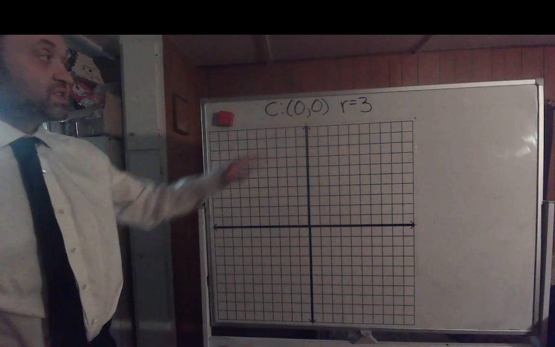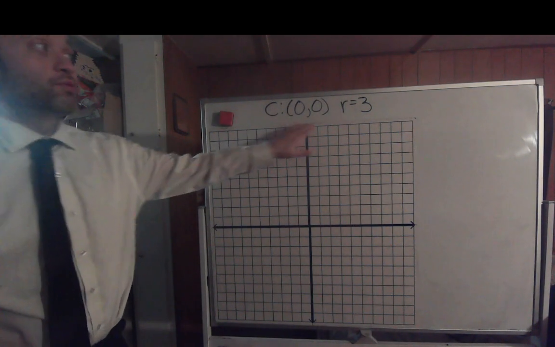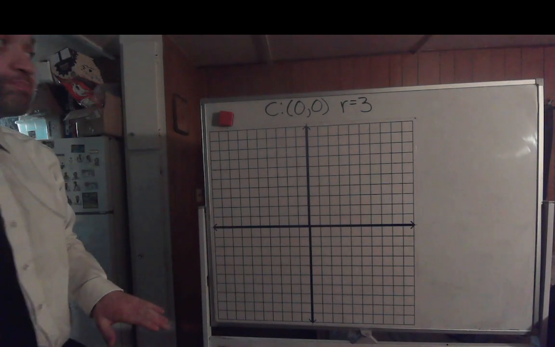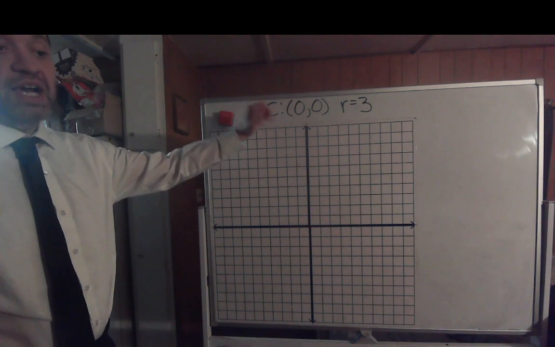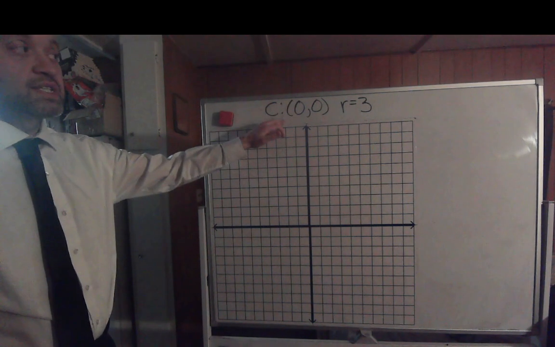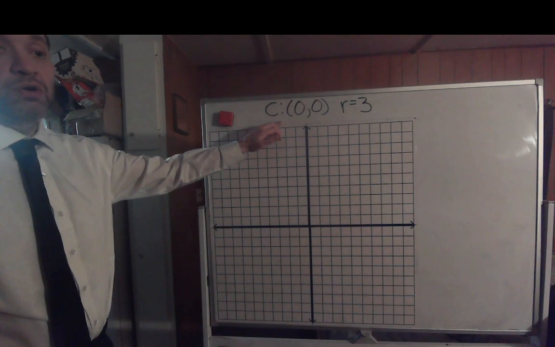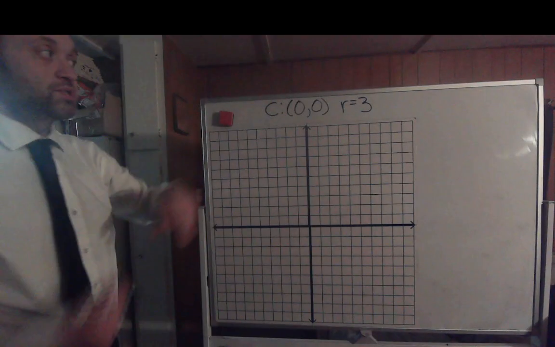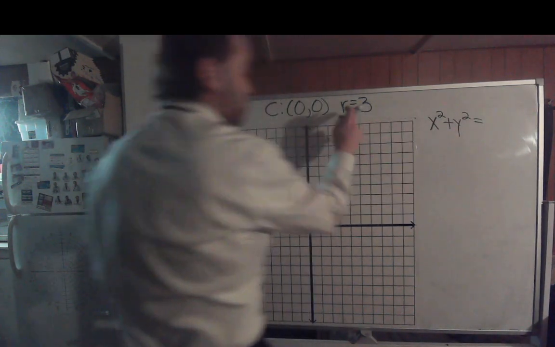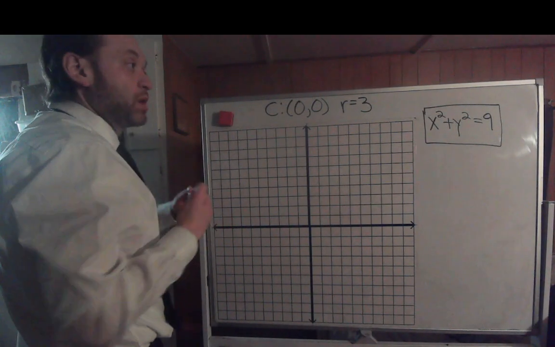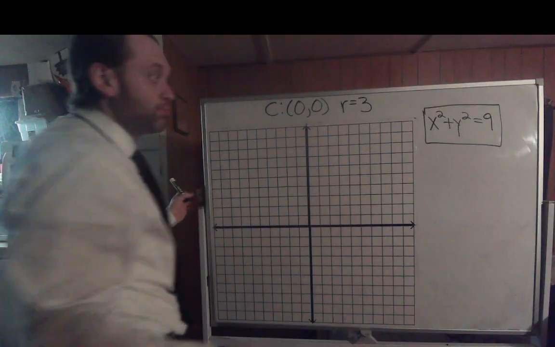Well, good news is, remember it's x minus h squared plus y minus k squared equals r squared. Well, anything minus 0 is itself, so the equation would literally be x squared plus y squared equals your radius squared. Well, 3 squared is 9. So the equation you should get for that would be x squared plus y squared equals 9. Pretty simple.